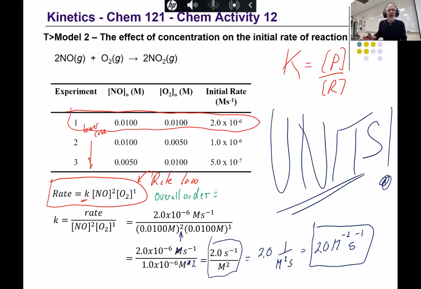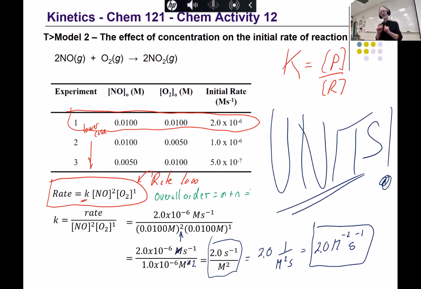And I'll confess, sometimes in a test, students will get this wrong. And it's a little discouraging, because the overall order is simply m plus n. It's just add up all the orders.